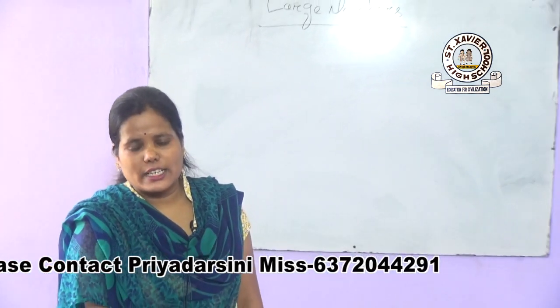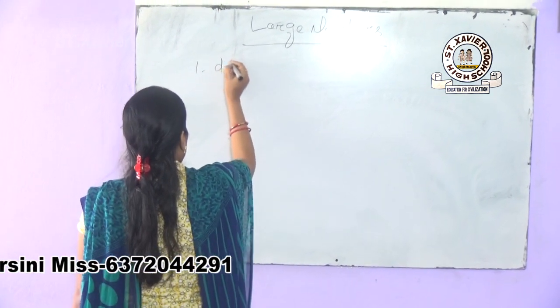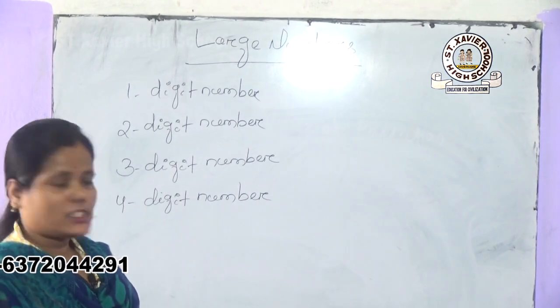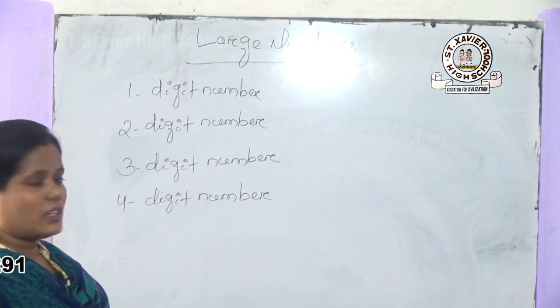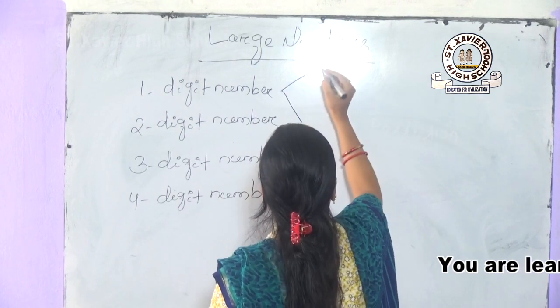So already you have been taught in Standard 3 the one digit number. Just a reminder: one digit number, two digit number, three digit number and four digit number.